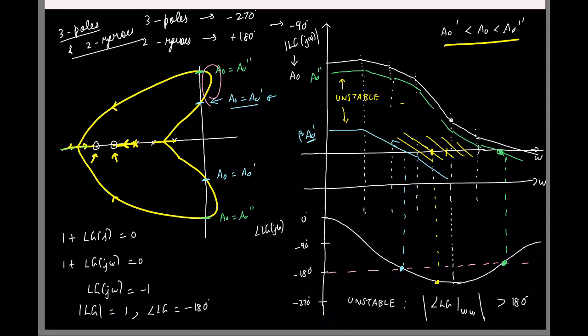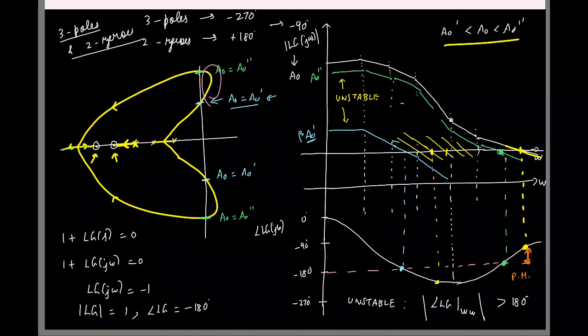So now let us say I look at this magnitude plot. When the gain is 1, the phase is actually much less than 180. So this is definitely a stable system. Okay? And what is this phase difference called? It's the phase margin.